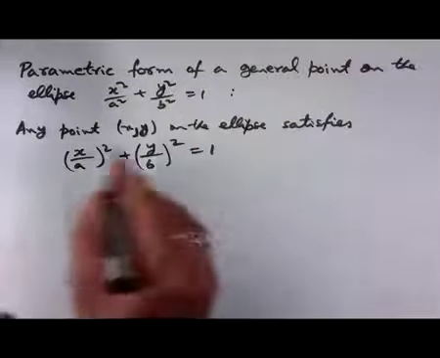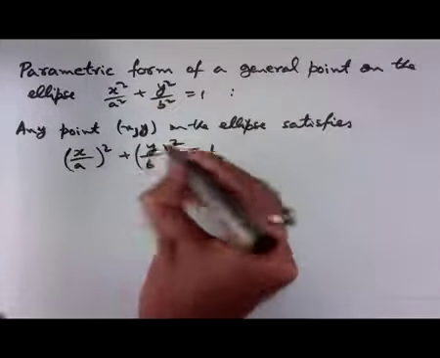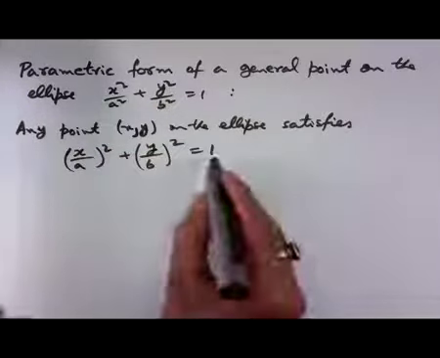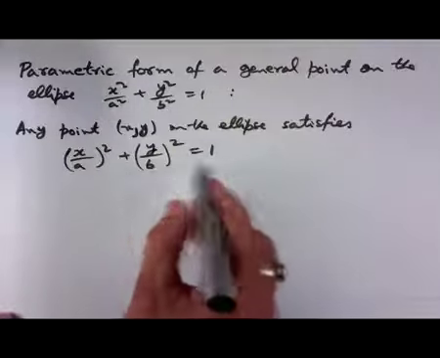So, from this we can easily see that we need x by a and y by b such that the sum of the squares is equal to 1. We know that cos square theta plus sin square theta is equal to 1.